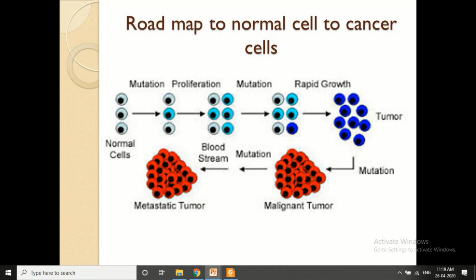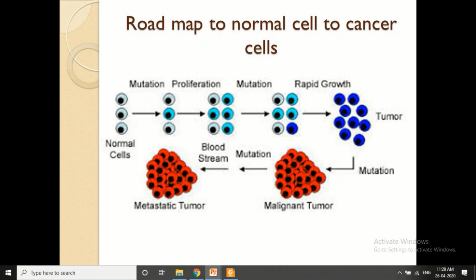This is a roadmap showing how a normal cell is converted into a malignant tumor cell. A normal cell gets mutated, and these mutations lead to an initiated cell, which undergoes proliferation, leading to rapid tumor growth.